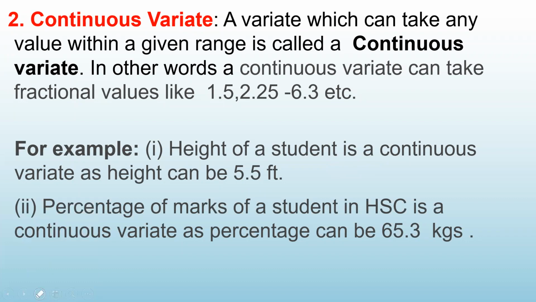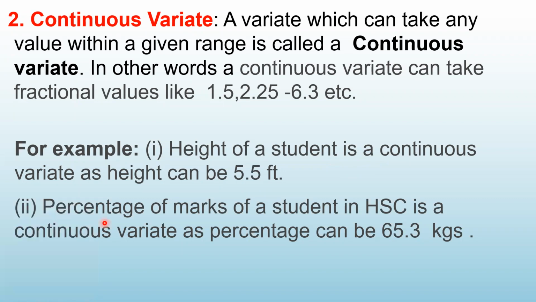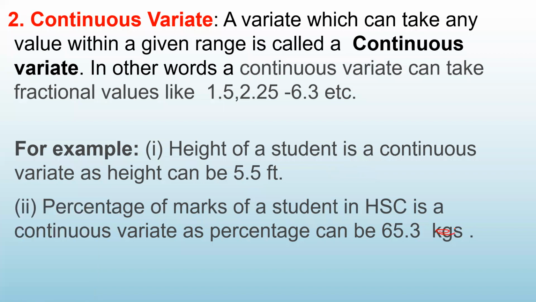Percentage of students, that is also a continuous variate. You see that the percentage of a student can be in decimal, correct? Percentage of marks of a student is a continuous variate, as percentage can be in decimal, can be 65.3.